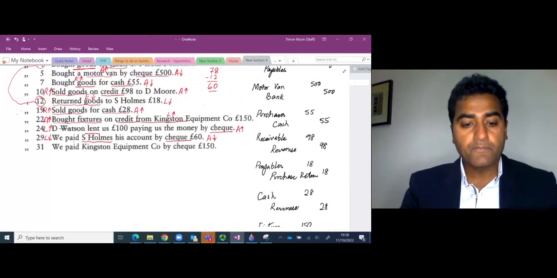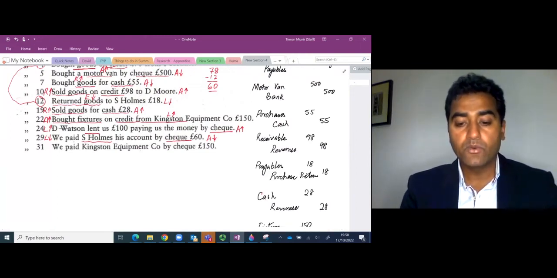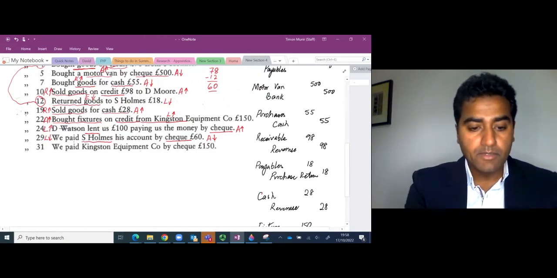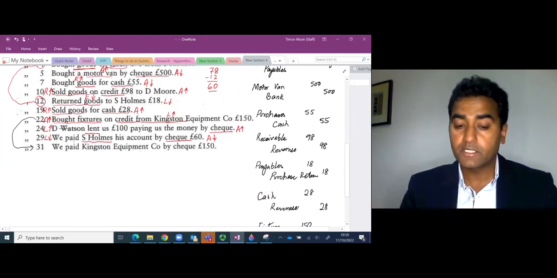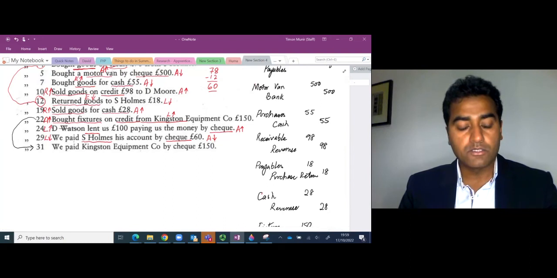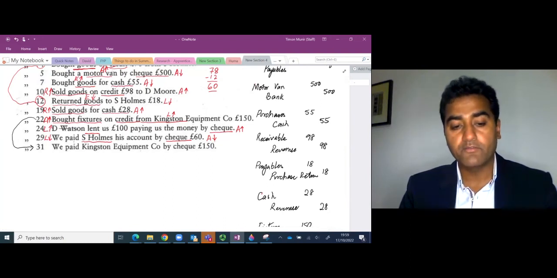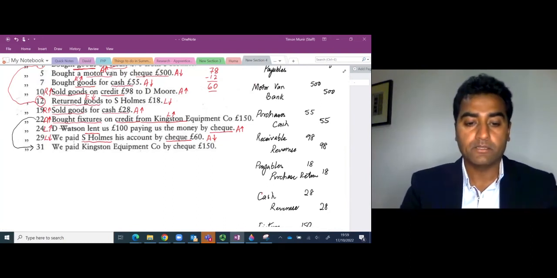The last transaction is we paid Kingston Equipment Company by check 150. Remember that we bought a fixture from Kingston on 22nd of August. Today on 31st of August we are paying the balance back.